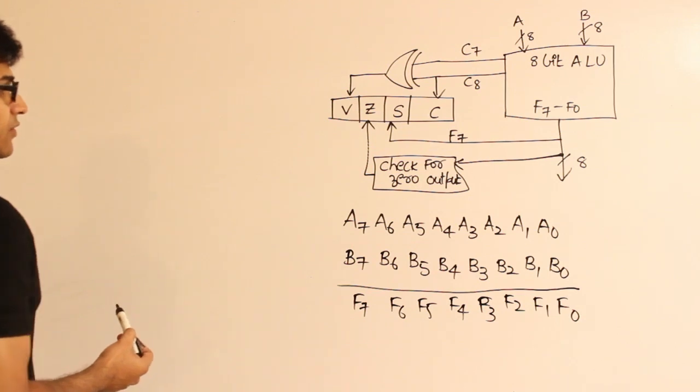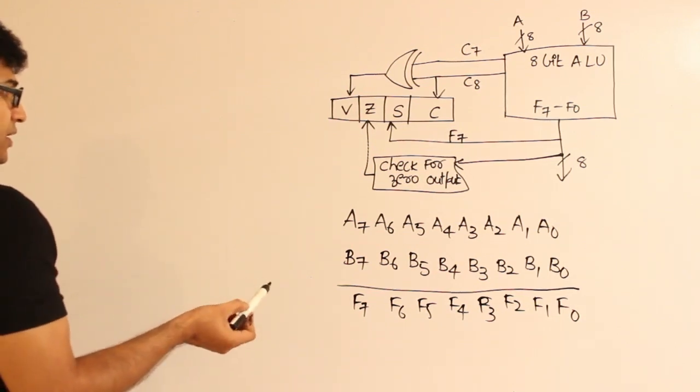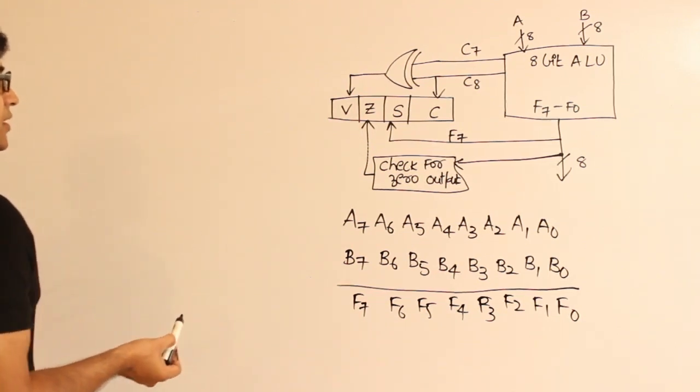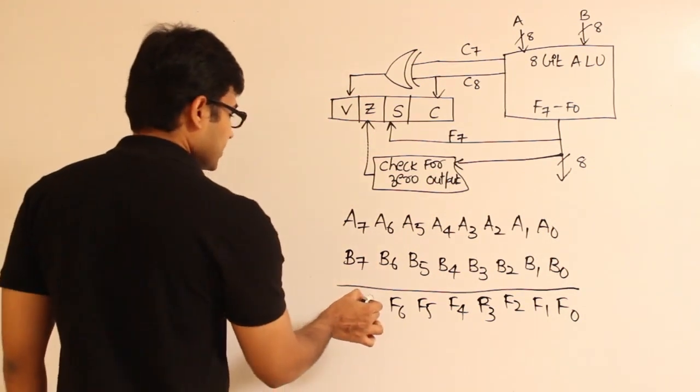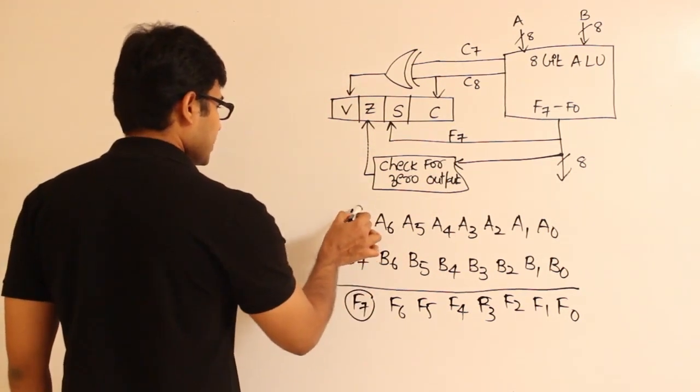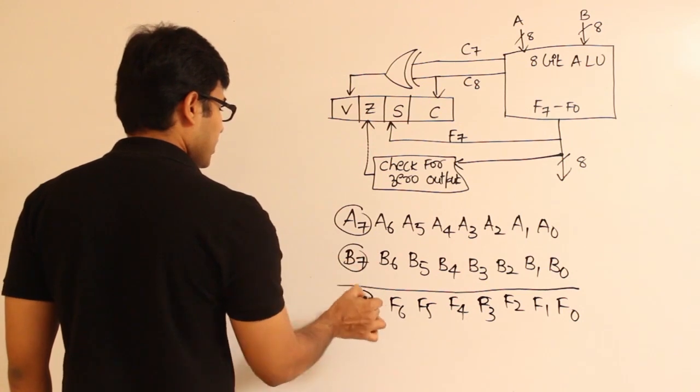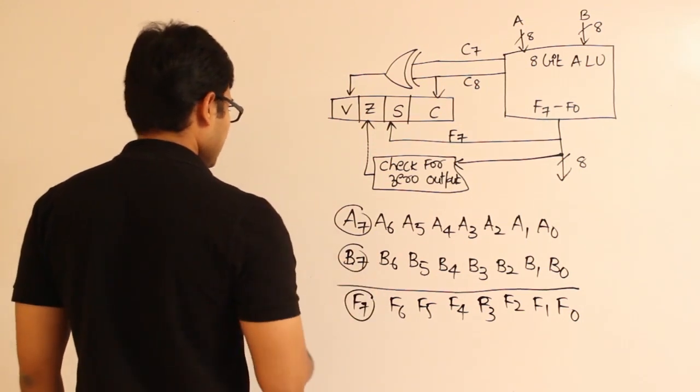In case it is interpreted as a 2's complement number, we know that this is the sign bit of the result. This is the sign bit of A, sign bit of B, and sign bit of the result.